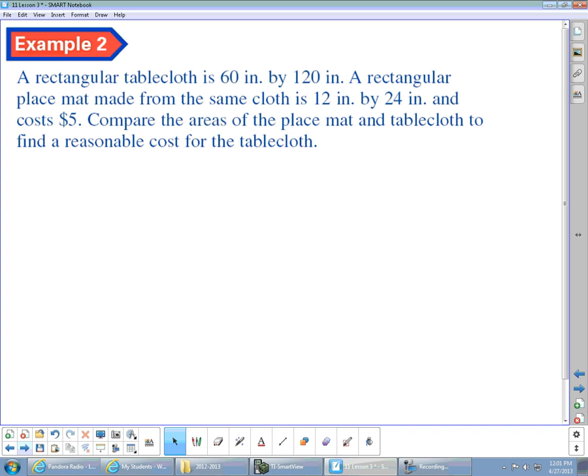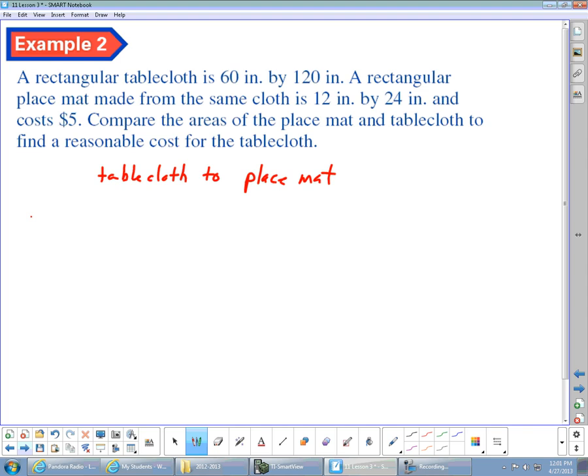So here's the deal. If you're talking about a cloth, a piece of clothing most likely, you're going to be charged for the area of that material. So what we really want to do is compare the areas, but we don't actually have to find the areas of these rectangular cloths. Because what we notice is, let's do a ratio of the tablecloth to the placemat.